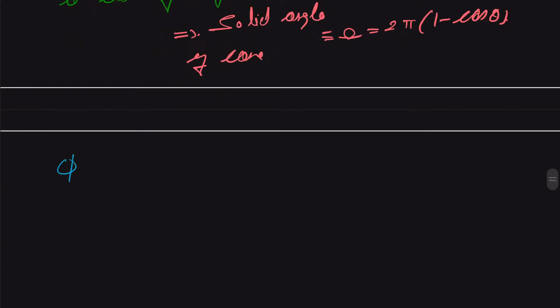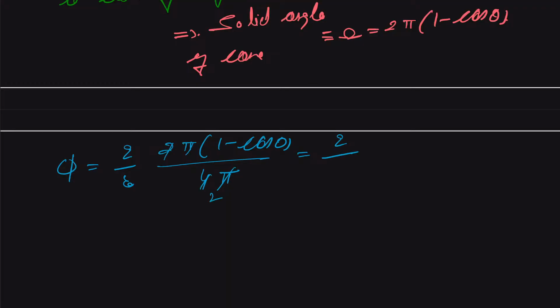So we get our flux phi is equal to q upon epsilon naught, times 2 pi (1 minus cos of theta) over 4 pi, which gives us q upon 2 epsilon naught (1 minus cos of theta). So this was our part 1, and we come to part B.